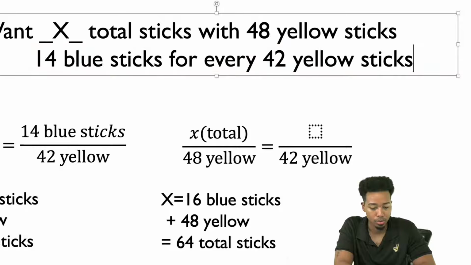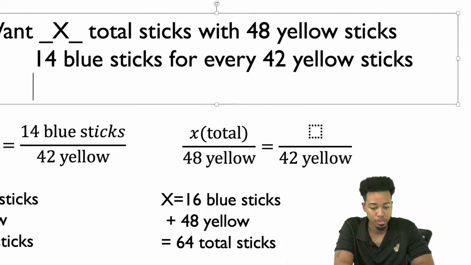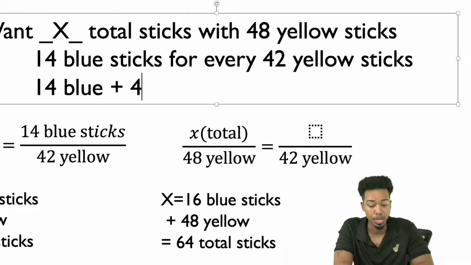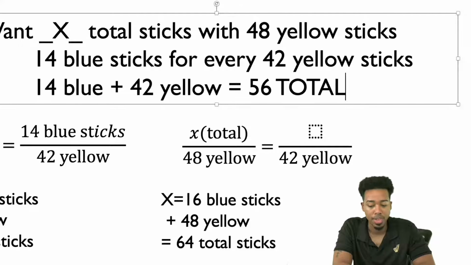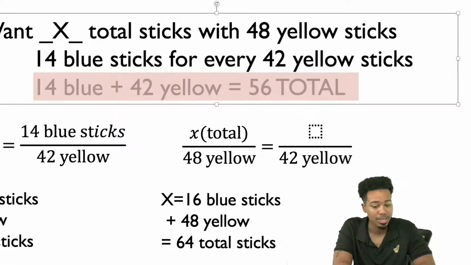So if we're looking at those two, 14 blue plus 42 yellow equals how many total, everybody? 14 plus 42 is what again? 56 total.